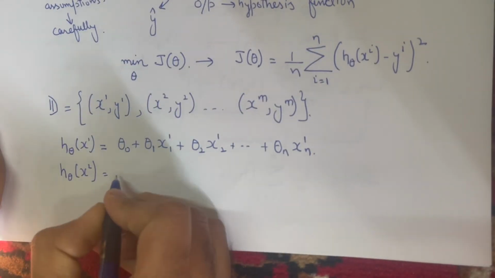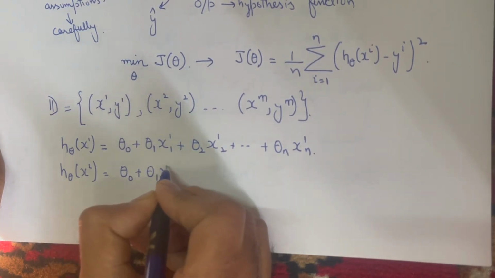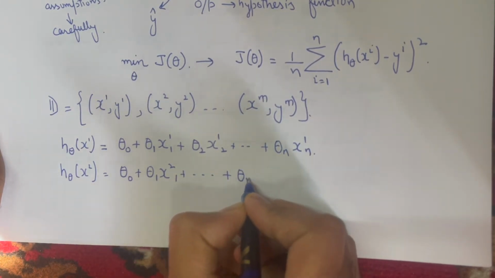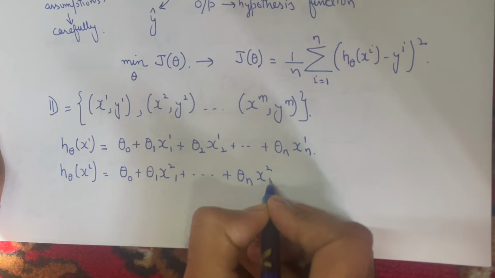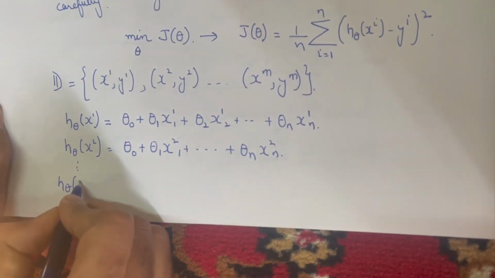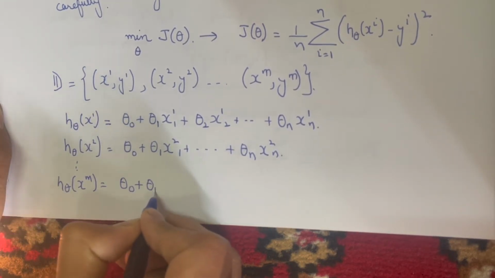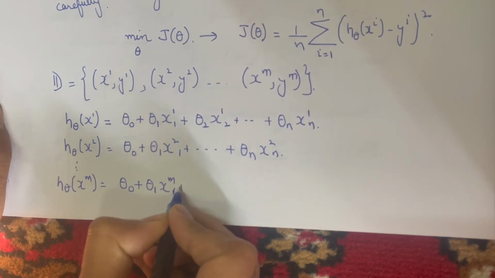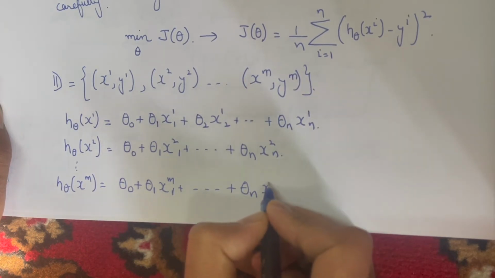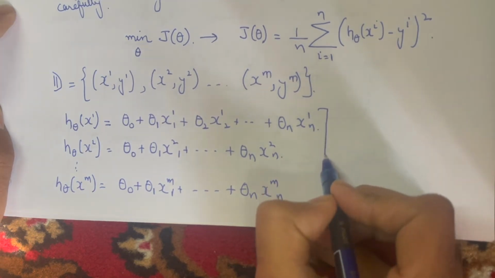It is theta 0 plus theta 1 x21 plus dash dash dash theta n x2n. And how many data points are there? m. So h of theta xm will be equal to theta 0 plus theta 1 xm1 plus dash dash dash plus theta n xmn. So these are our total m equations.